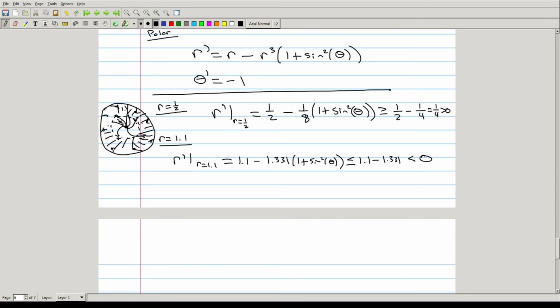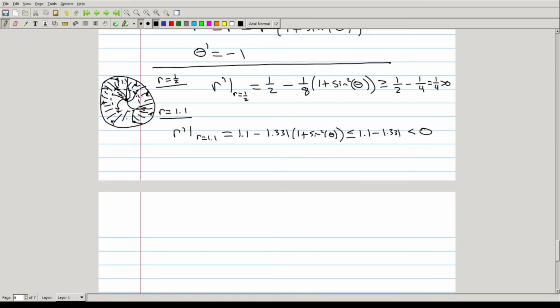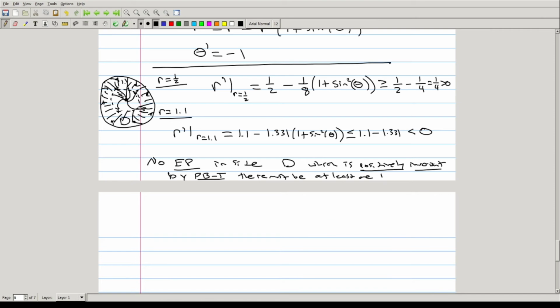And so this annular region right here is a positively invariant region for this system of differential equations, and therefore by the Poincare-Bendixson theorem, because there are no equilibrium points inside this region D, there must be a limit cycle in D.